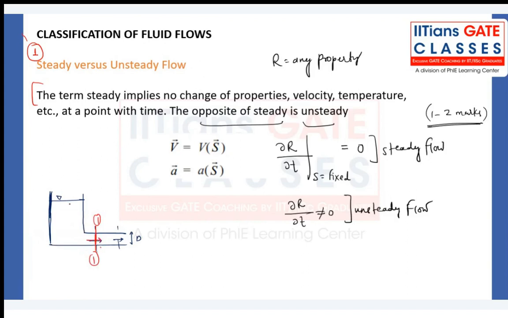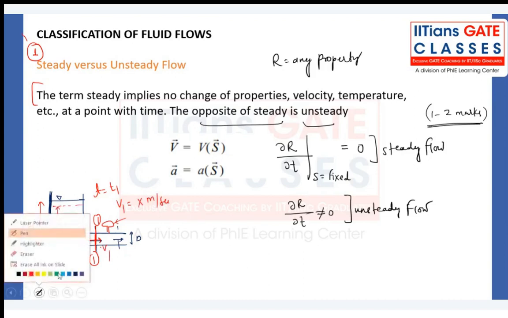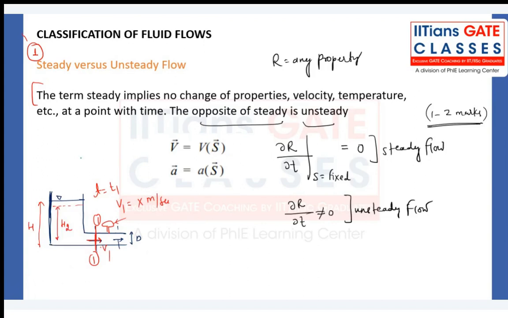At a time t equal to, let's say, t1, when the height is h and the valve is open, the velocity will be v1, and that particular value is x meter per second. But let's say after a certain point of time, when the level of the height is h2, what about the velocity? Of course, you might be thinking, sir, how are the velocity and height varying?